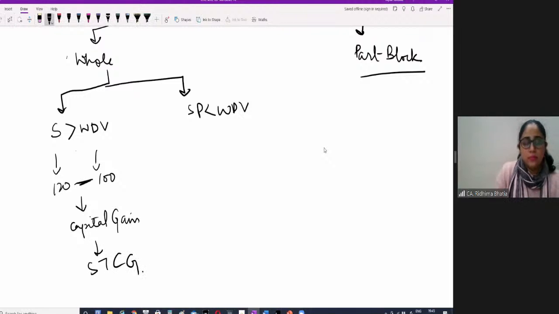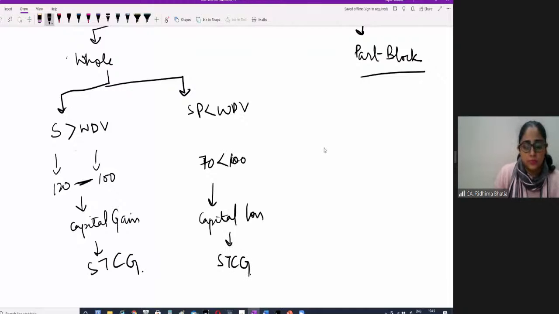And if my whole block of asset is transferred and sale price is less than WDV, say 70 and WDV is 100. So whatever remaining is, it is a capital loss and it will go as my short-term capital loss.